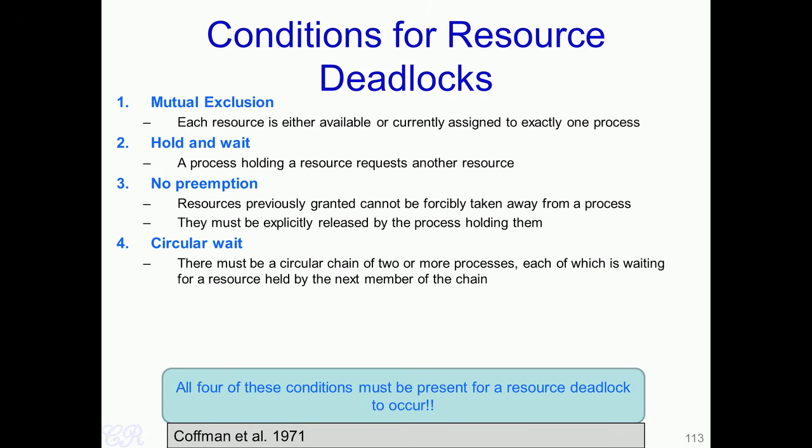On the other hand, suppose a system has been developed where all of these things are possible, that is there is a mutual exclusion when using resources. A process could hold a resource and wait for another one.